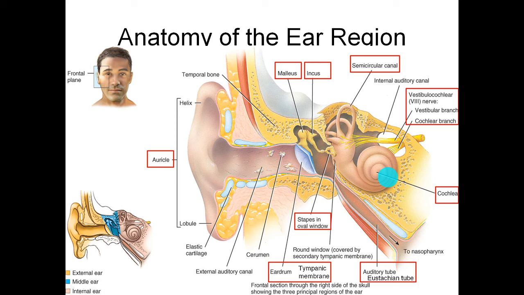All right. Now, I do know that the list has a muscle called the stapedius or something, and none of our diagrams have it, and none of our models in lab have it.